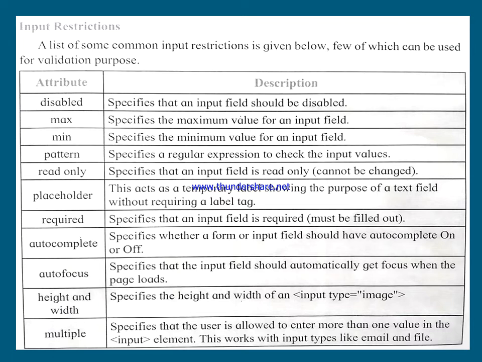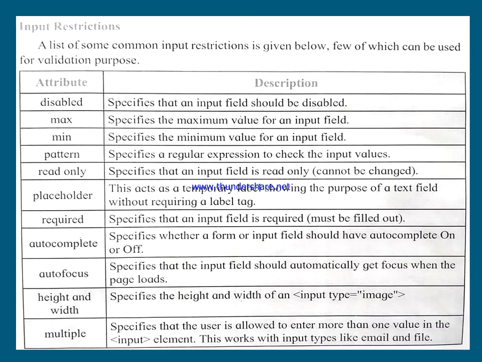These two attributes of an input tag are used when you want to accept range values that lie between those two values. So you can go for max and min attributes for the element itself. Next is pattern. It specifies the regular expression to check the input values. In which format you want to accept those values, that format should be provided by using the pattern attribute of the input tag.